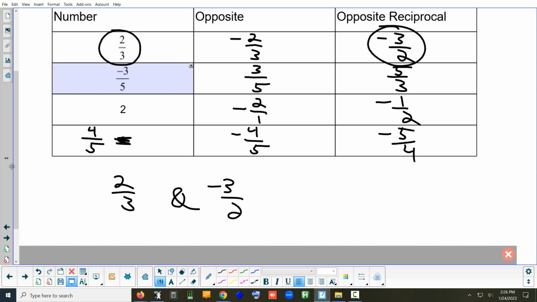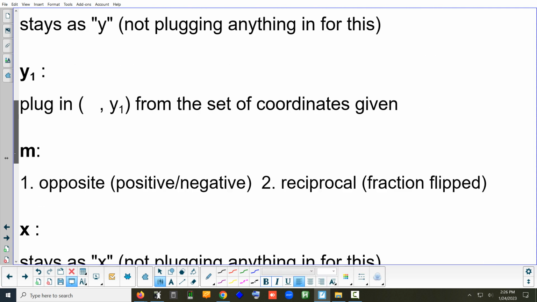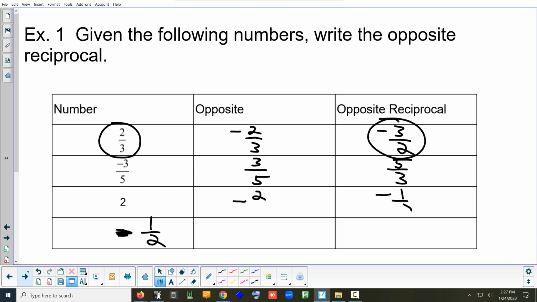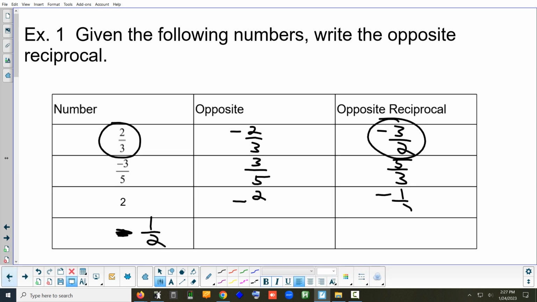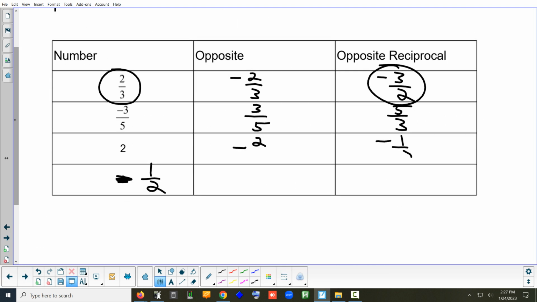So it's like putting a 1/2 in this box. What I want to put for M is what would go in this box. That's the answer for M. It's the opposite reciprocal of the number they gave you.